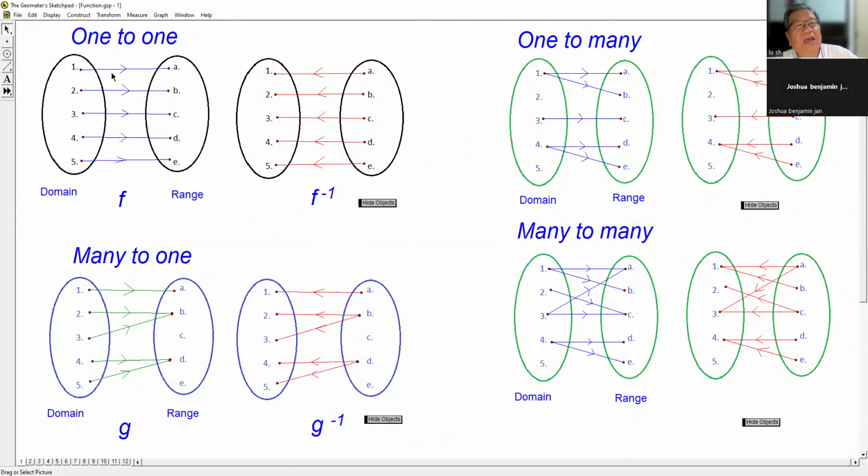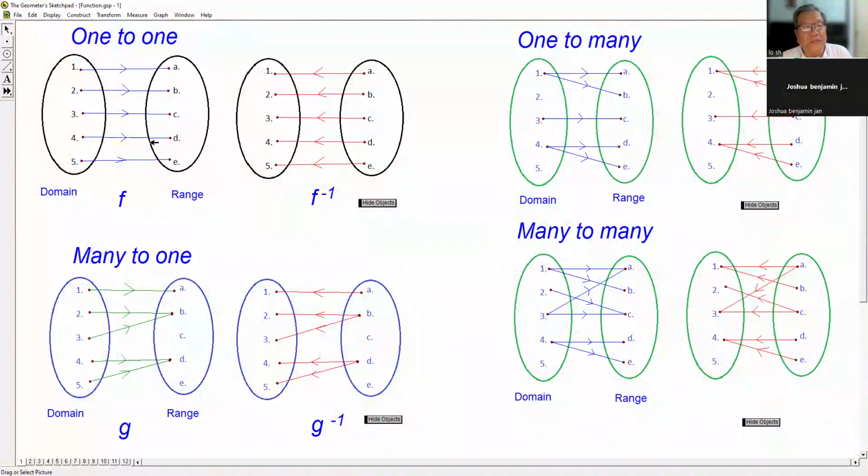So let's say 1, the answer is A. 2, the answer is B. 3, the answer is C. 4, the answer is D. And 5, the answer is E. You see that each number, 1, 2, 3, 4, 5, has only one answer. If that is the case, then it is called a function. So this mapping here is called a function.